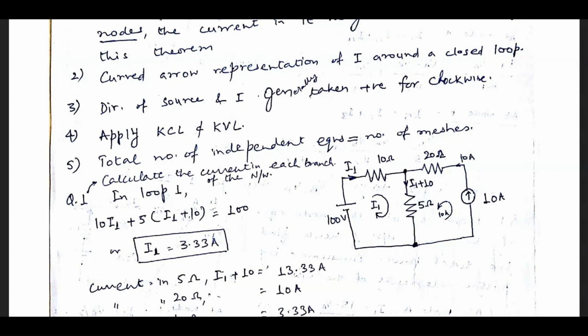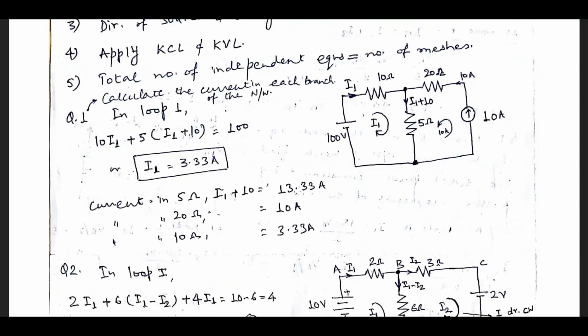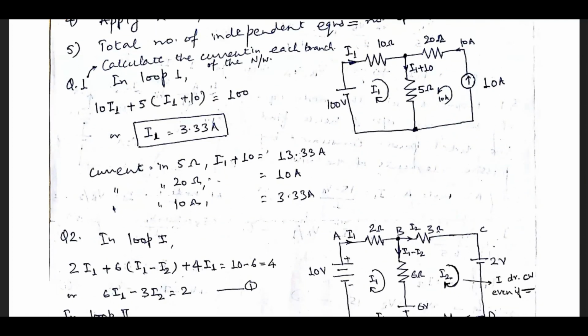After pointing out the direction of the current, we apply KCL and KVL, and the number of independent equations is equal to the number of meshes, or you can say the number of unknown values is equal to the number of equations, and we can solve to get the values of the unknown parameters or physical quantities, whatever they may be.